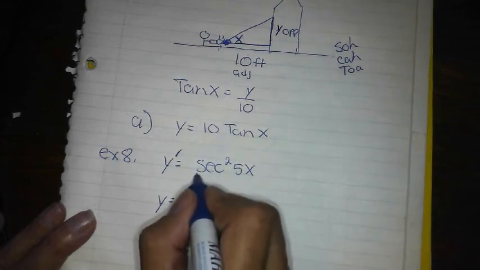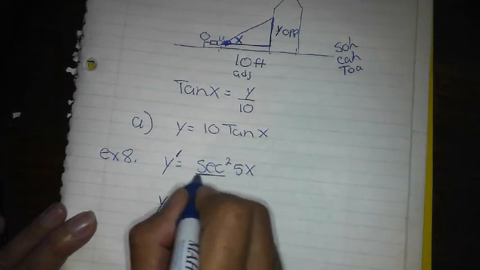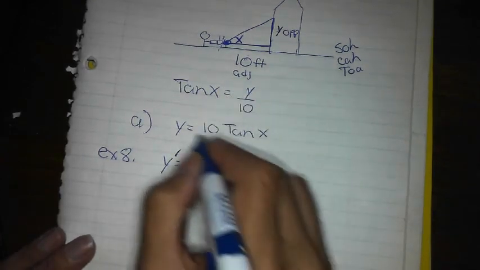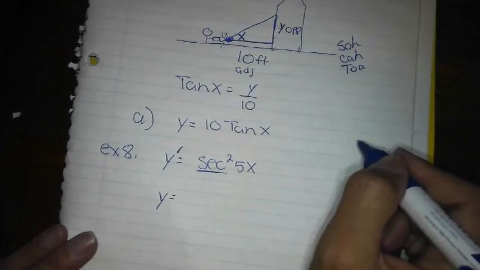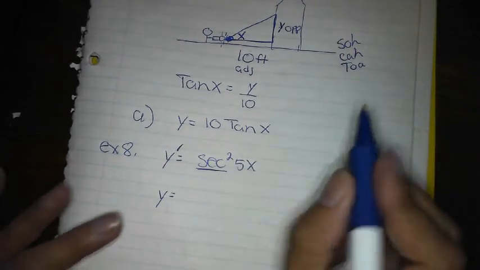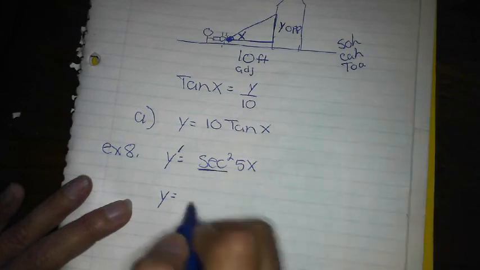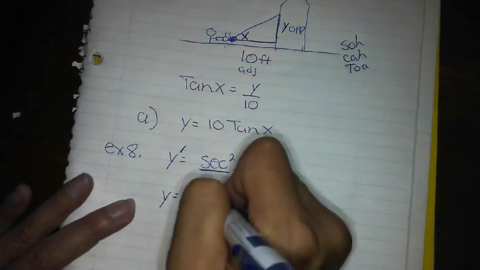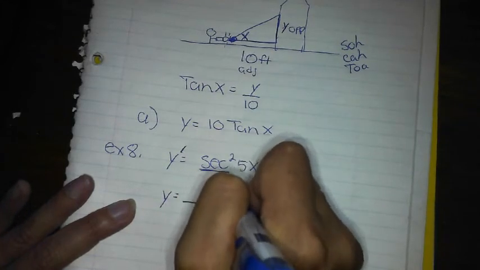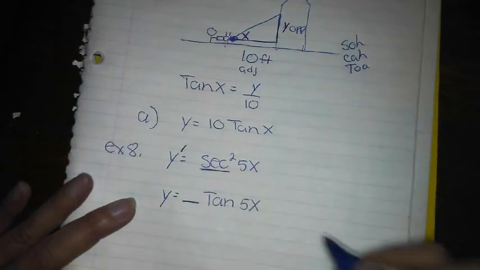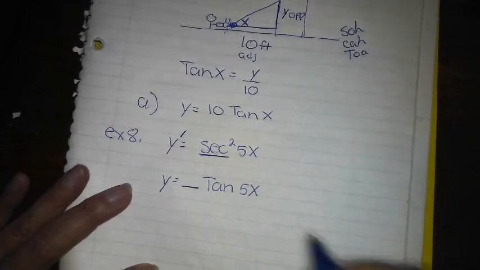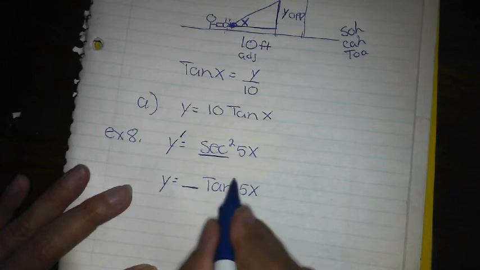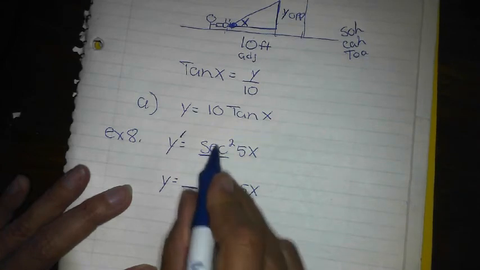So is there a trig function that has secant squared as its derivative? So you're going to look at your derivatives. Which equation had secant squared as its derivative? I don't have my sheet here, but if you look, it was tan. But remember, we want to leave a space for a coefficient that we might need. But we know our equation has a tan 5x. For sure. So we start here and see if we need a multiplier here. So we're going to do the derivative of this and see how close it is to that.